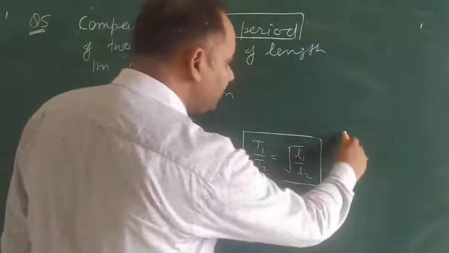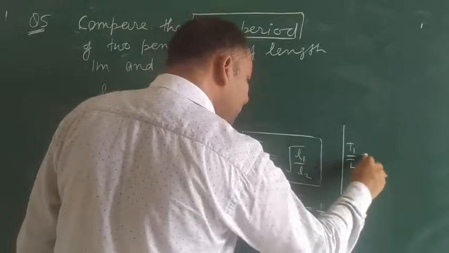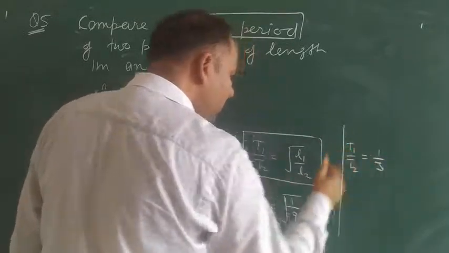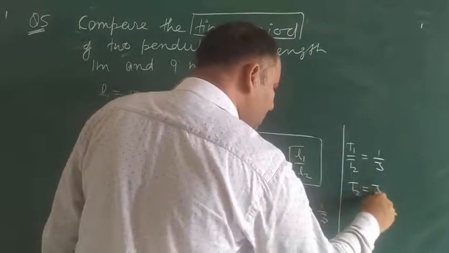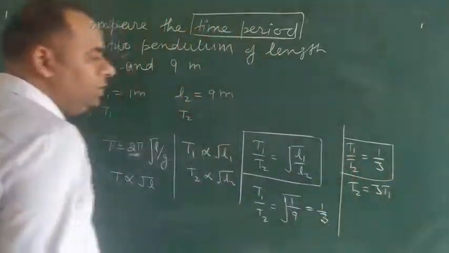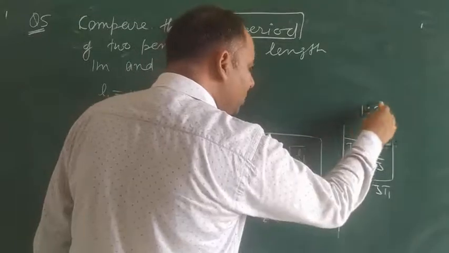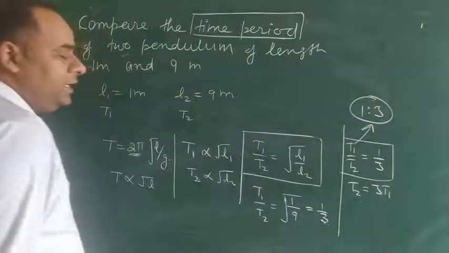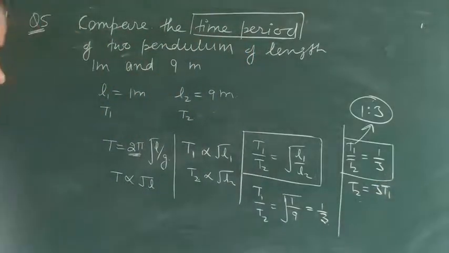Therefore T1 upon T2 is equal to 1 upon 3, and T2 is equal to 3 into T1, or the ratio of T1 and T2 is 1:3. The time period of the second pendulum is 3 times the time period of the first pendulum. Clear?